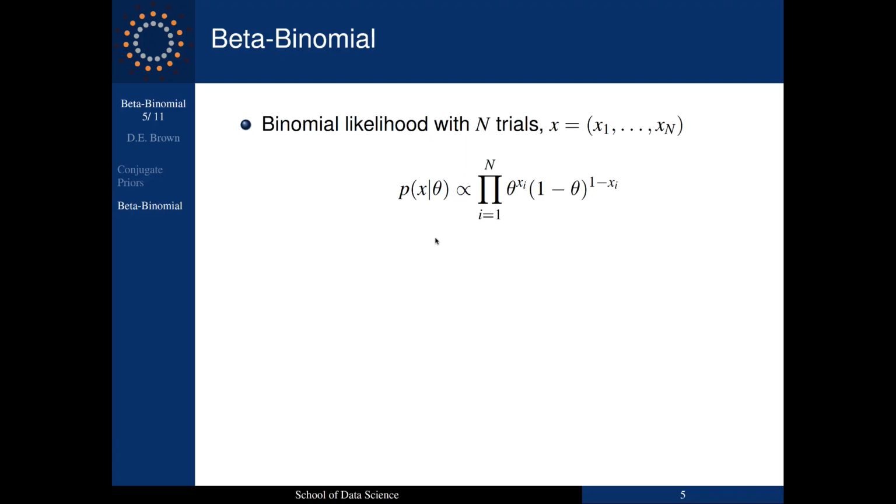Theta is the probability that in that Bernoulli trial I get a 1. If I look at all n of those cases, then the likelihood function is proportional to the product of theta to the xi times 1 minus theta to the 1 minus xi. What this means is quite simply that if on our first trial, let's say x1, we get a 1 in our Bernoulli outcome, then we have theta to the 1, and we have 1 minus theta to 1 minus 1, which is 0.